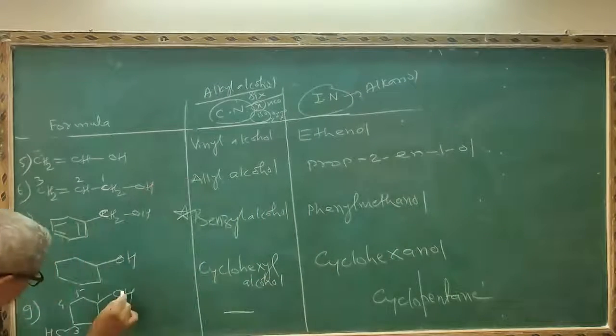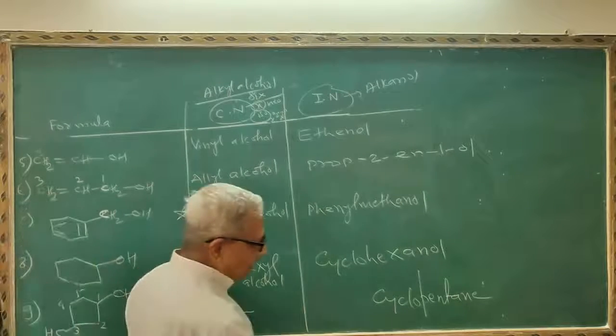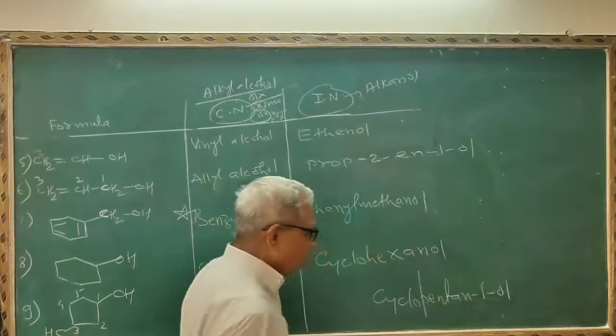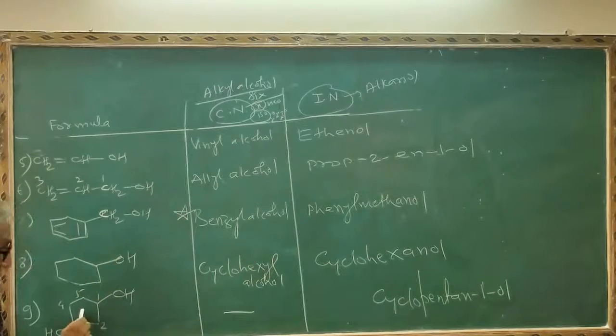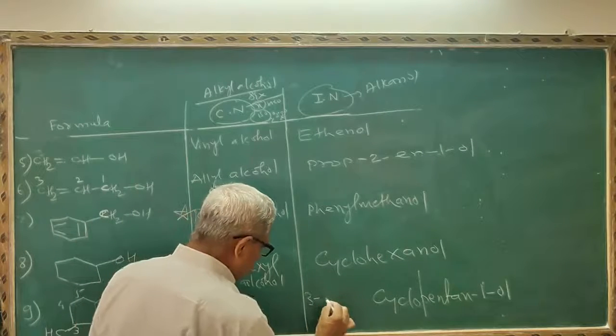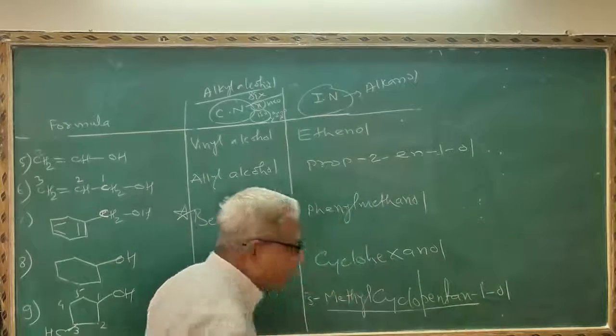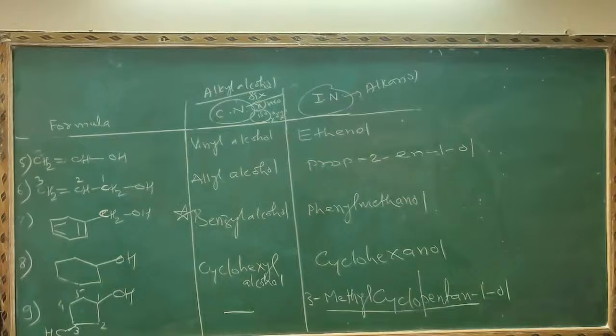The OH group is present on carbon number 1, so e is replaced by 1-ol: cyclopentan-1-ol. The substituent is present on carbon number 3, therefore I will write here 3-methylcyclopentan-1-ol.